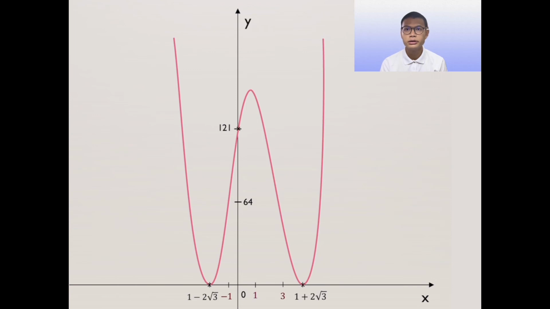Thirdly, for the local extremum points, when we set f prime x equal to 0 and look at the points, we have two minimum points and one maximum point. The two minimum points are at 1 minus 2 root 3 and 1 plus 2 root 3, whereas the maximum point is at 144.